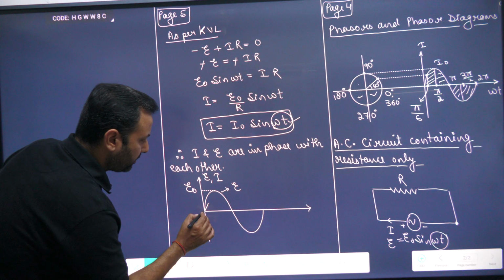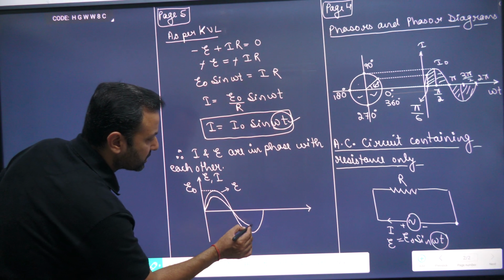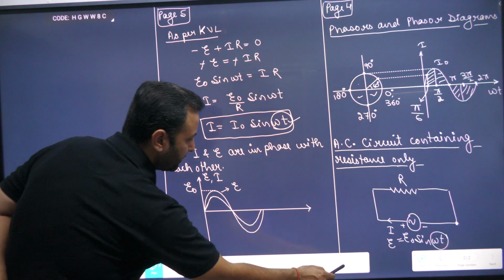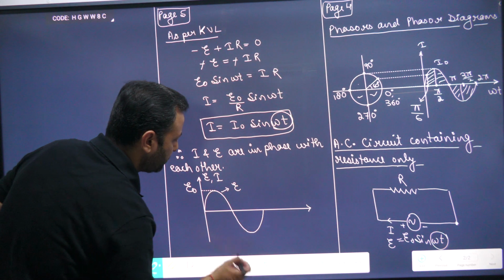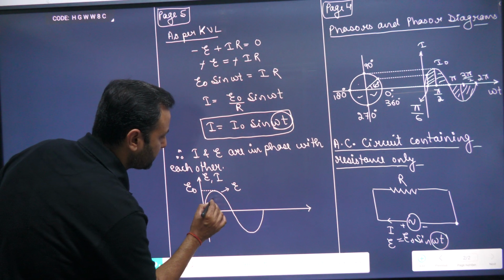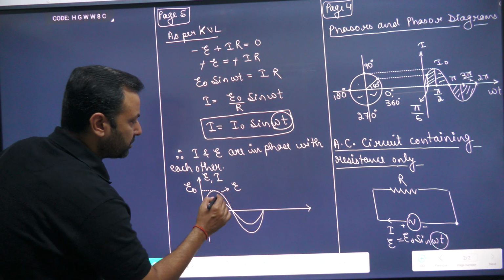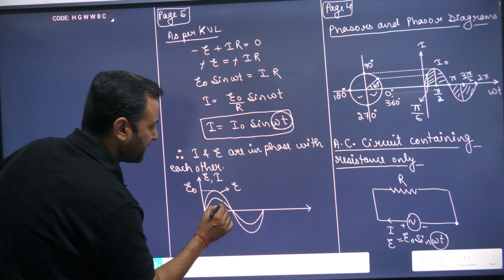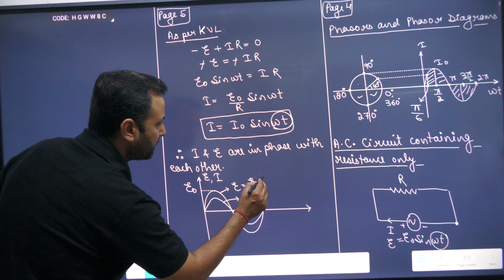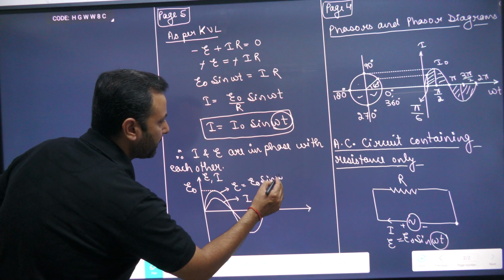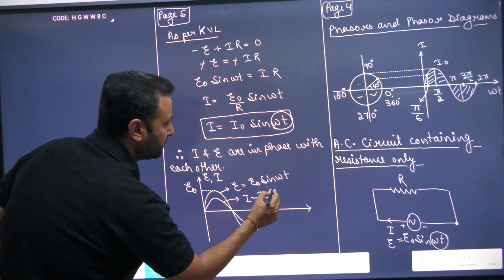So I will also move in the same way as E is moving, but with a small value, because the value of current is always less than the value of EMF. This graph was of E and this graph was of I. E is equal to E naught sine omega t and I is equal to I naught sine omega t.